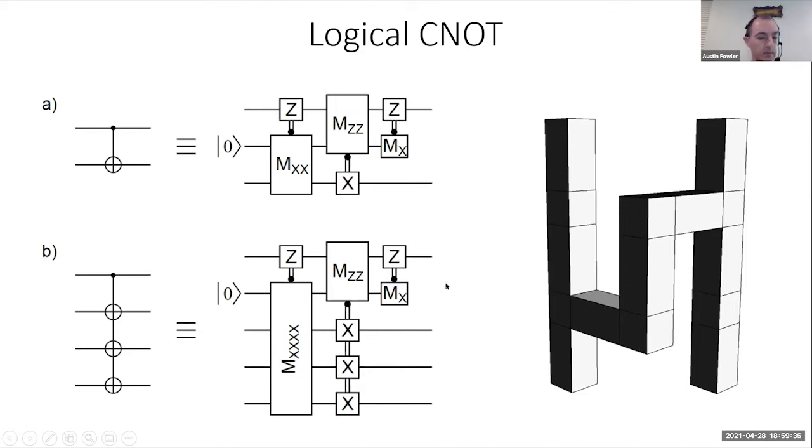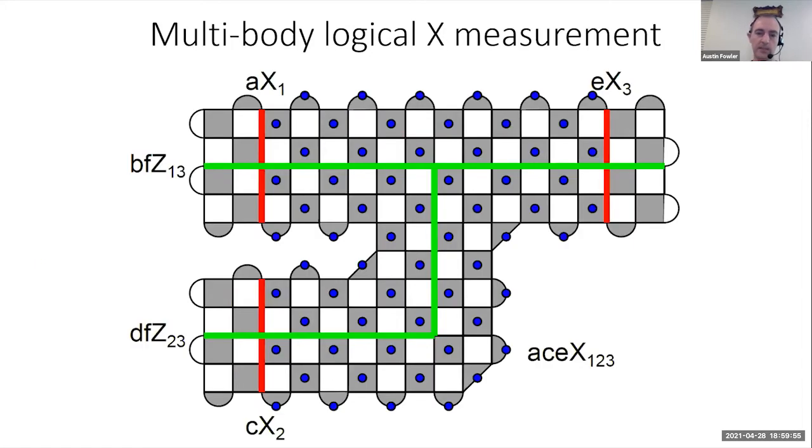So you might then ask, well, what about a single control multi-target? What would that circuit look like? Well, you end up with just having to expand this part. So we would need, if we wanted to do that, a multiple logical qubit XXXX operator measurement. And can we do that? Yes.